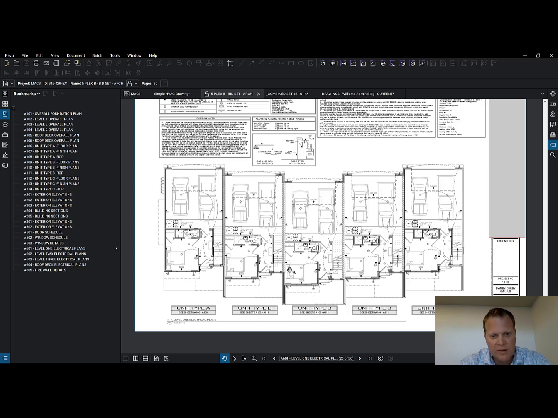But can you imagine what kind of chase you would need if you had an apartment complex, and how big of a chase you'd need for all the service for their panels coming from the main meter panel on the outside, or from the series of condensing units on the roof, or on the ground floor, or a series of natural gas meters that need to be on the side of the building somewhere. That's a big deal.